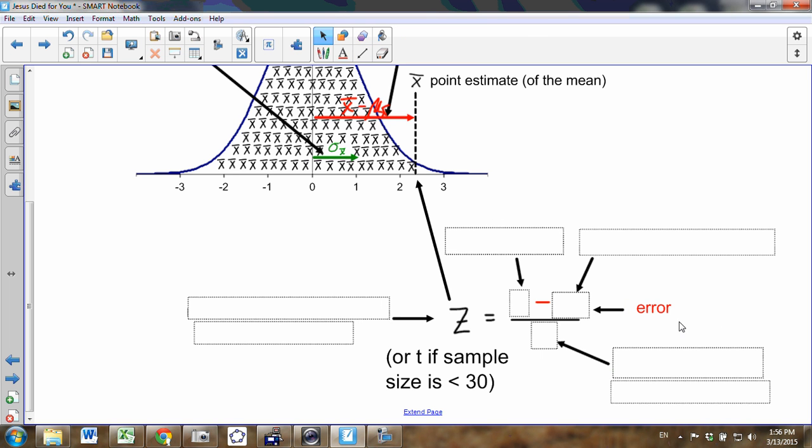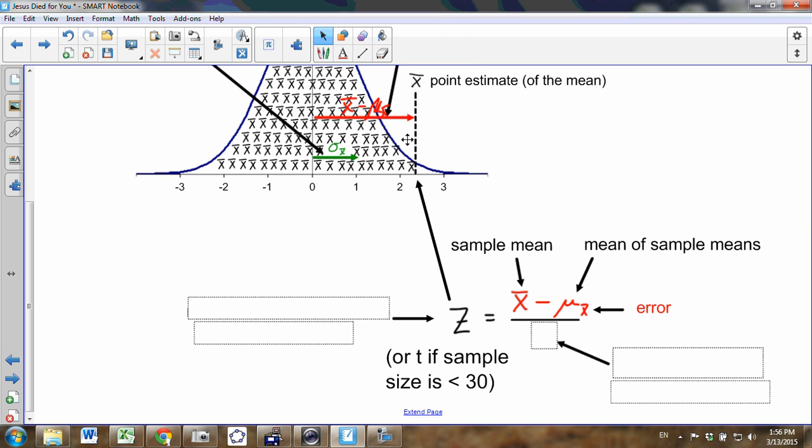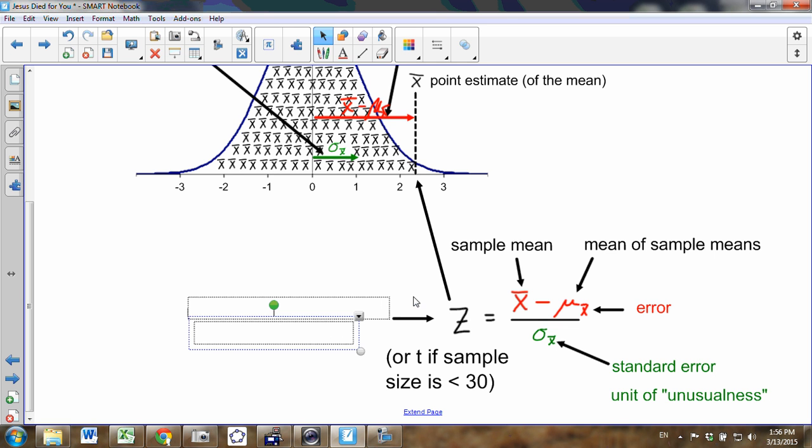You take the error, which is the sample mean minus the mean of the sample means. That difference, how many standard errors are there in this error? So we divide by the standard error, which is, like the standard deviation, a unit of unusualness. So we have found the measure of unusualness as a t or a z.